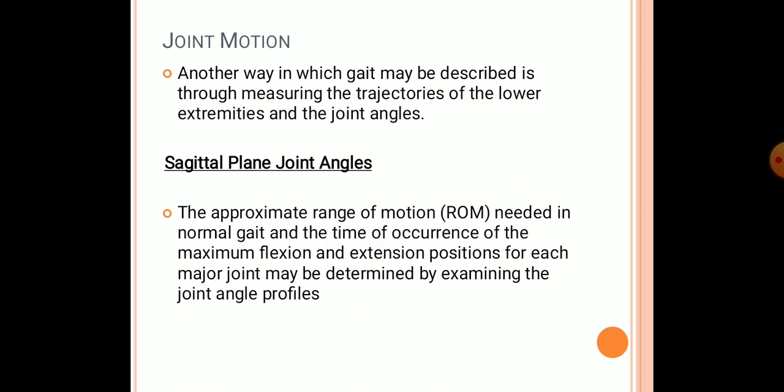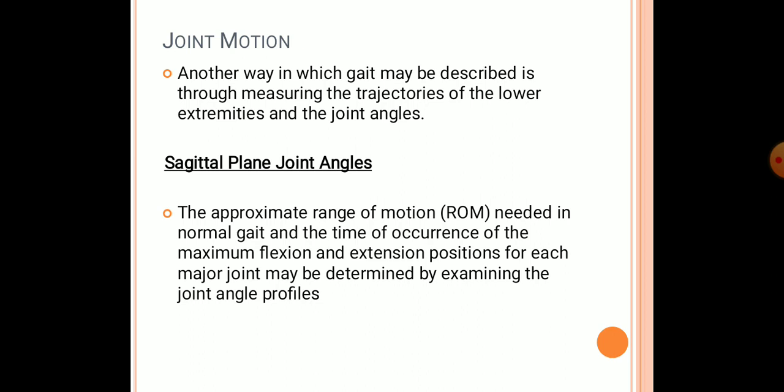There are sagittal plane joint angles which occur in the gait cycle. There are also transverse plane and frontal plane movements happening in a normal gait cycle. In the sagittal plane, the approximate range of motion needed in normal gait, and the time of occurrence of maximum flexion and extension for each major joint, may be determined by examining joint angle profiles.